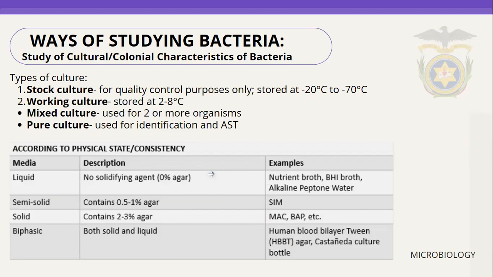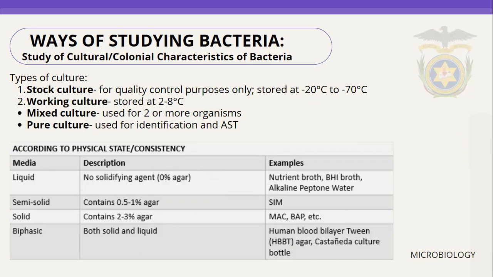So our next part of studying bacteria is also to study their cultural or colonial characteristics in culture or in different kinds of media. So for the first one, we have the types of culture. Number one is our stock culture, which is used for quality control purposes only, and it's stored at negative 20 degrees Celsius to negative 70 degrees Celsius.